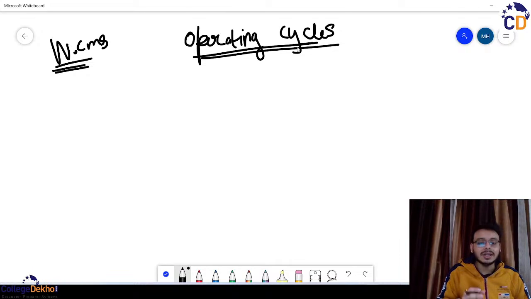And ultimately, receiving all the payments from the debtors to whom you have sold, or to whom you have to pay. So if we can define the operating cycle in one line, it is basically the time taken from the procurement of the good to the selling of the final good to the end consumer. And in between, we have all the instances, and we have to calculate the cost of everything.